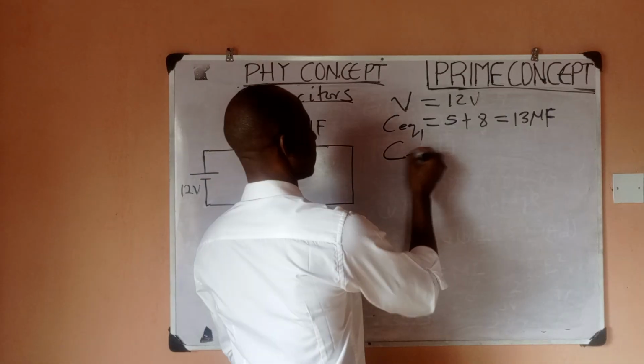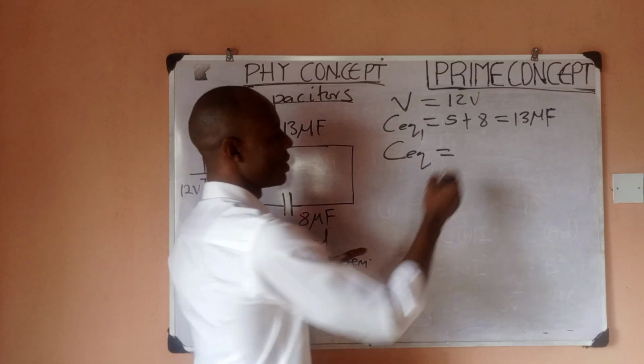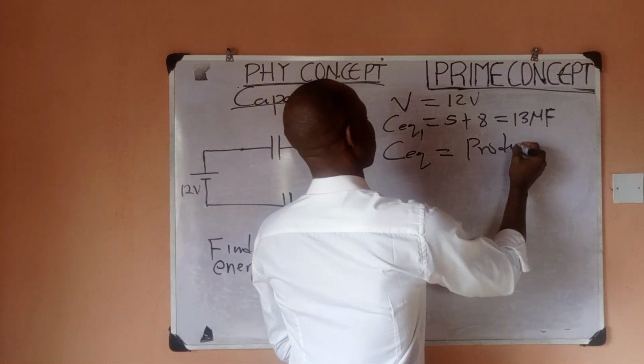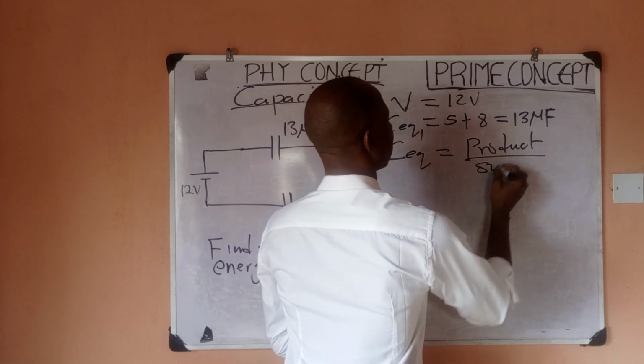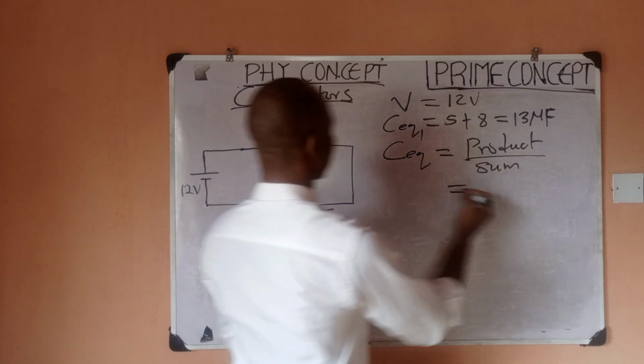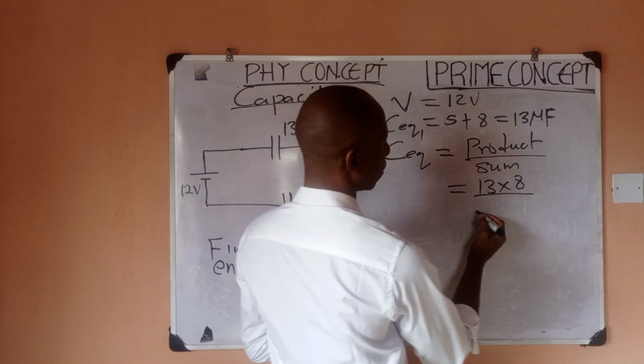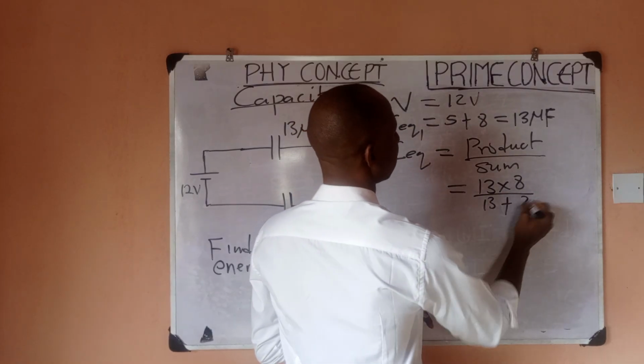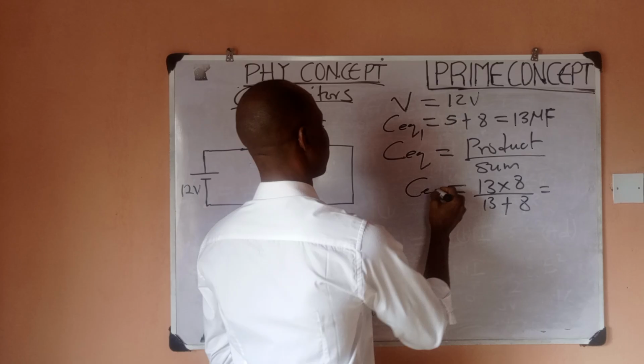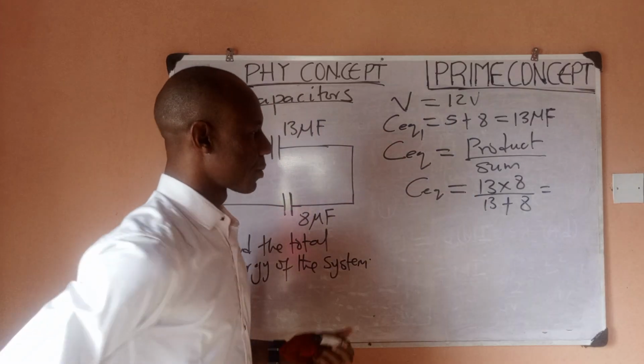So the equivalent is going to be the product over their what? Sum. So what is the product? The product is simply 13 times 8. The sum is 13 plus 8. So quickly, what do we have?